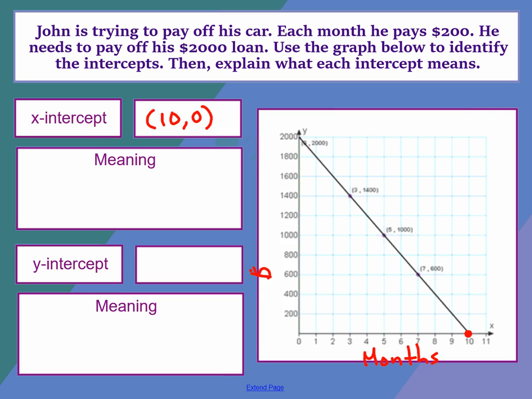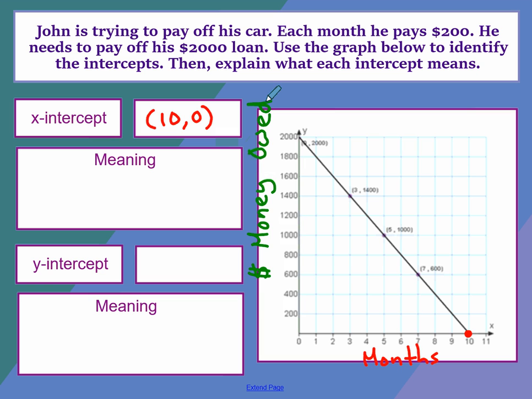Let's do that in a different color. Sorry about that. Let's do that in green since green is money. So this is money owed.